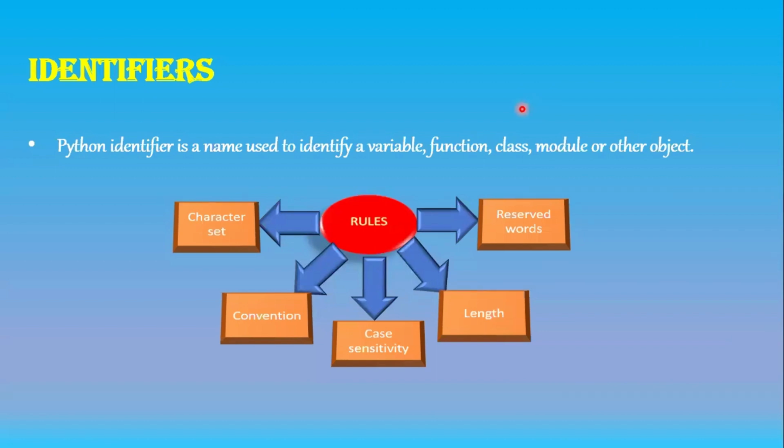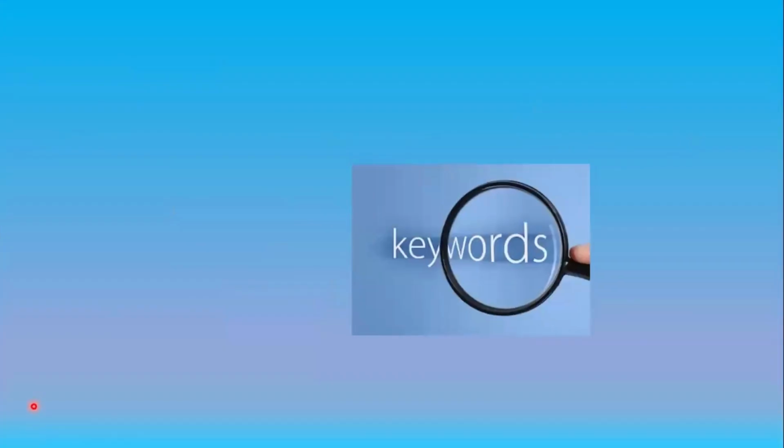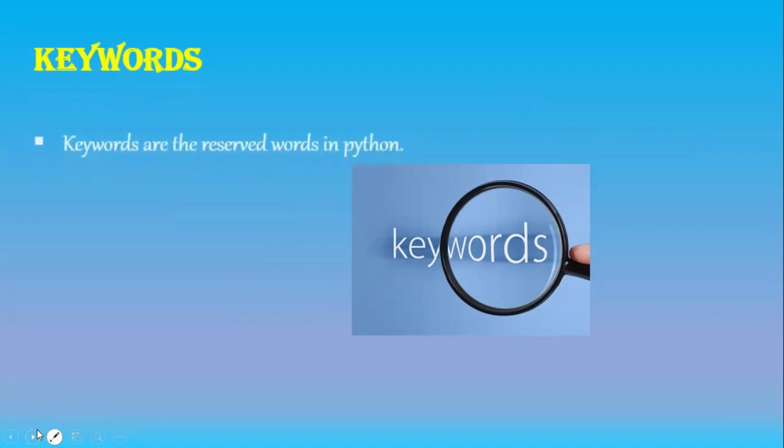Next we will move on to the next slide, which is keywords. As you know, grammar is the key foundation of languages; similarly, keywords play a key role in any language. Understood? In Python, a keyword is a reserved word that has a special meaning and purpose within the language syntax.